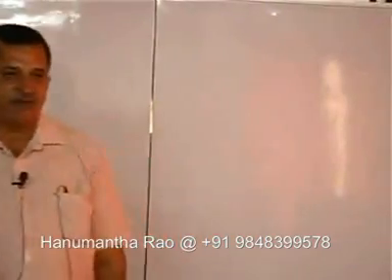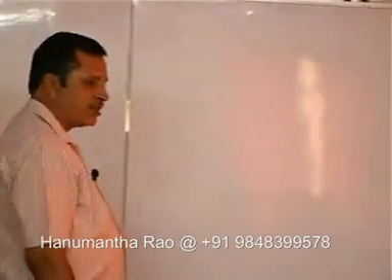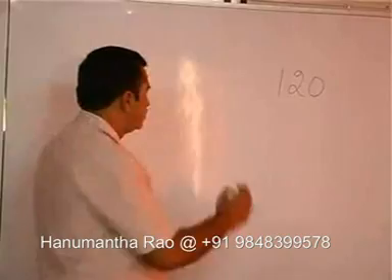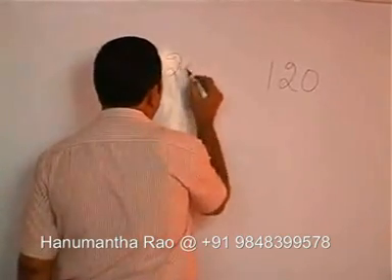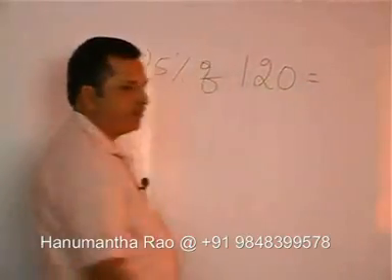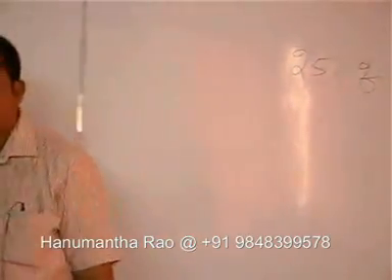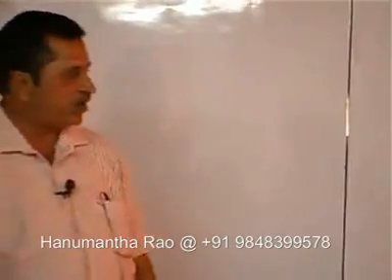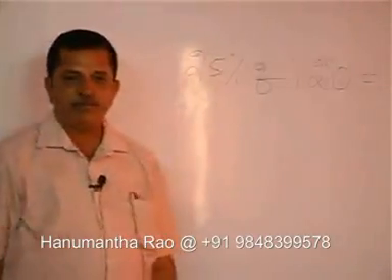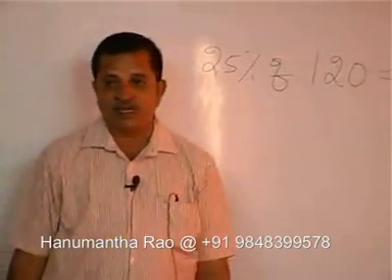That day what is happening is a reduction of 25% is being offered on mangoes. So 25% of 120 rupees that person will get back. What is 25% of 120 rupees? 30 rupees.